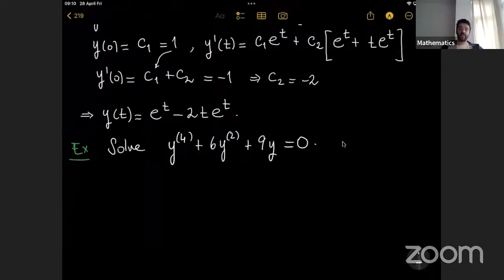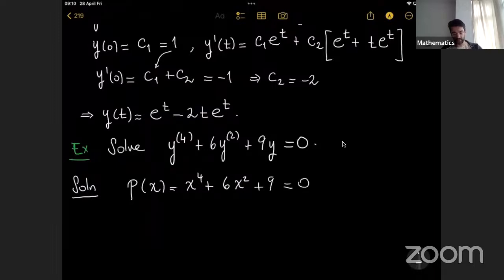Well, again, we write the characteristic equation. The characteristic equation is lambda to the 4 plus 6 lambda square plus 9 is equal to 0.